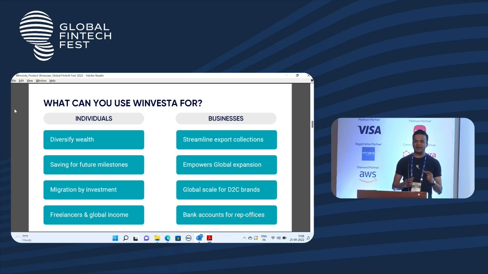It allows any Indian entity to start thinking globally as part of setting up their subsidiaries, their international legal entities as well. If you're a D2C product and you're looking at expanding globally, this is perfect for you. And not to mention, if you think of bank accounts for representative offices, which a traditional bank in that geography would not provide you.